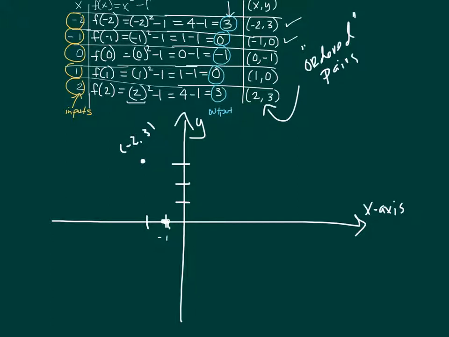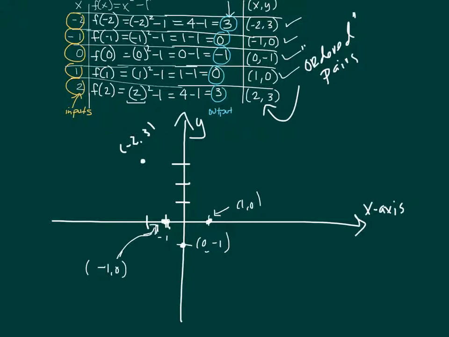0, comma negative 1 is right here. And maybe let's just label these. That's a little arrow. So this is negative 1, comma 0. So check 1, comma 0. Okay, 1, comma 0 is right here. So check.